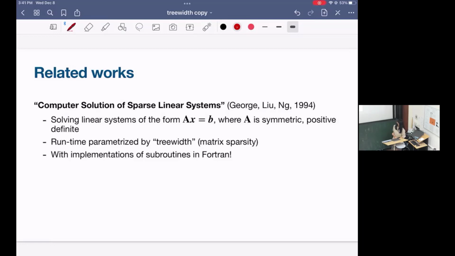They give some Fortran implementations of their algorithm where they're solving linear systems of the form Ax equals b, where A is symmetric positive definite. And even though they don't explicitly say that their algorithm is parameterized by Treewidth, it actually is. What they do is they just talk about matrix sparsity by itself.